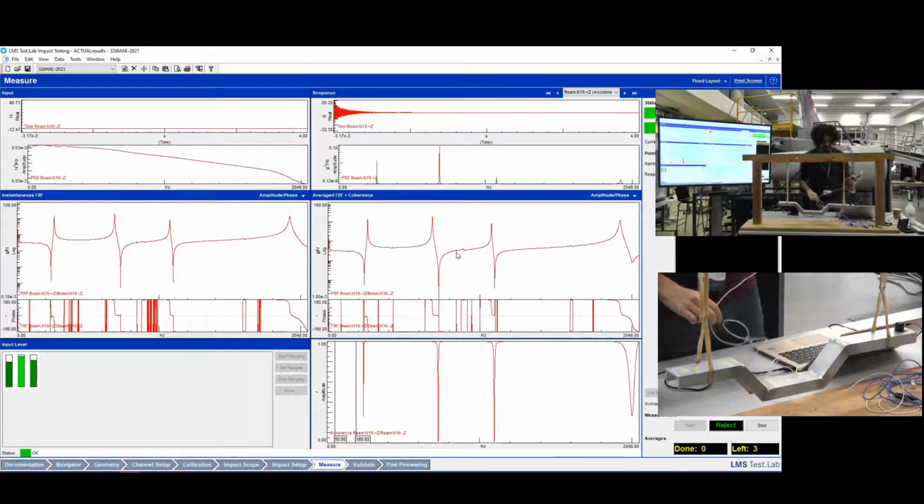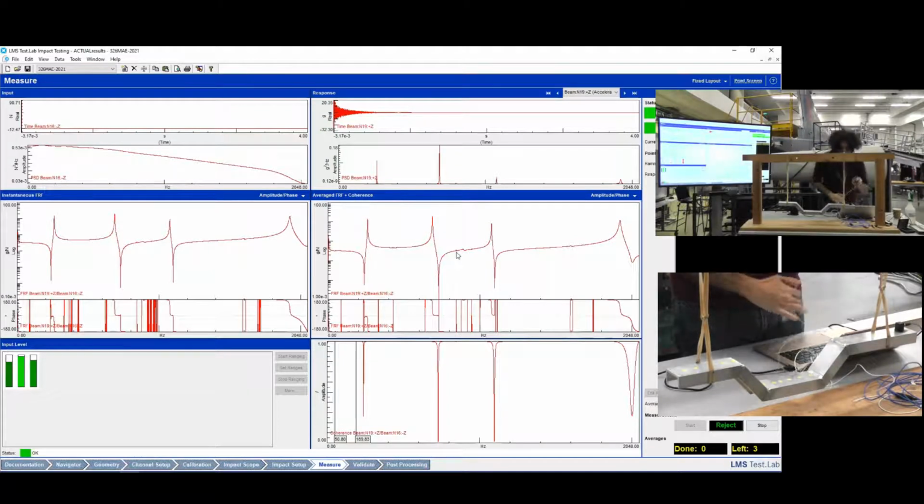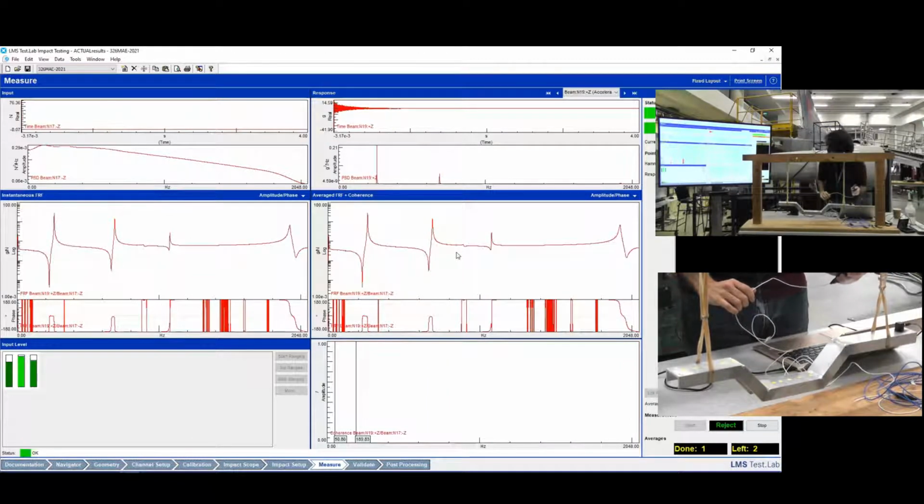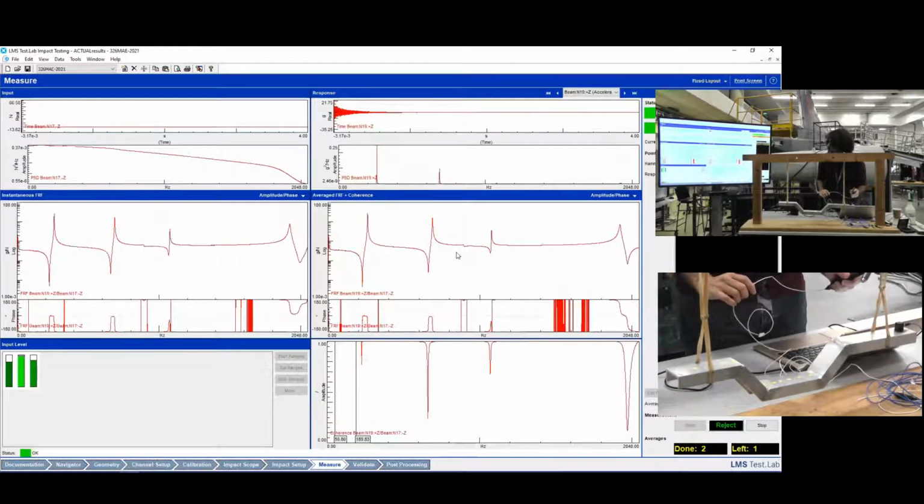We're looking at point 17. Now this one is very close to the suspension, so I'll try to be careful. 1, 2, and 3.